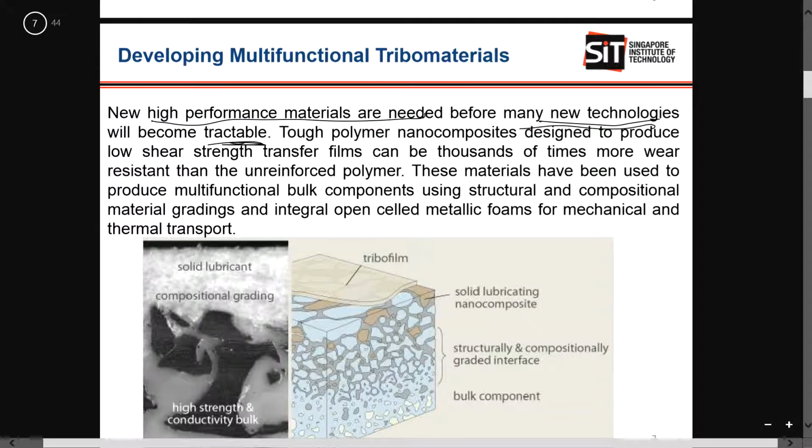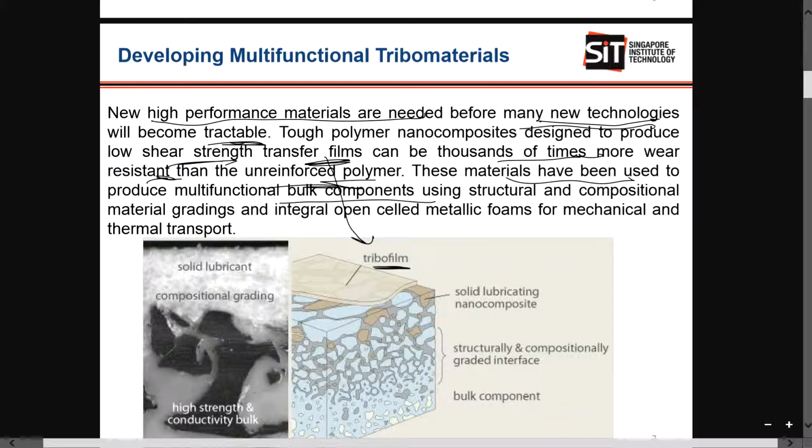Anyway, so tough polymer nanocomposite designed to produce low shear strength. Transfer films can be thousands of times more wear resistant than the reinforced polymer. So these are the things they're talking about, the tribofilm. This is the transfer film he's trying to refer to, and it's trying to protect the material. So these materials have been used to produce multifunctional blah blah blah.